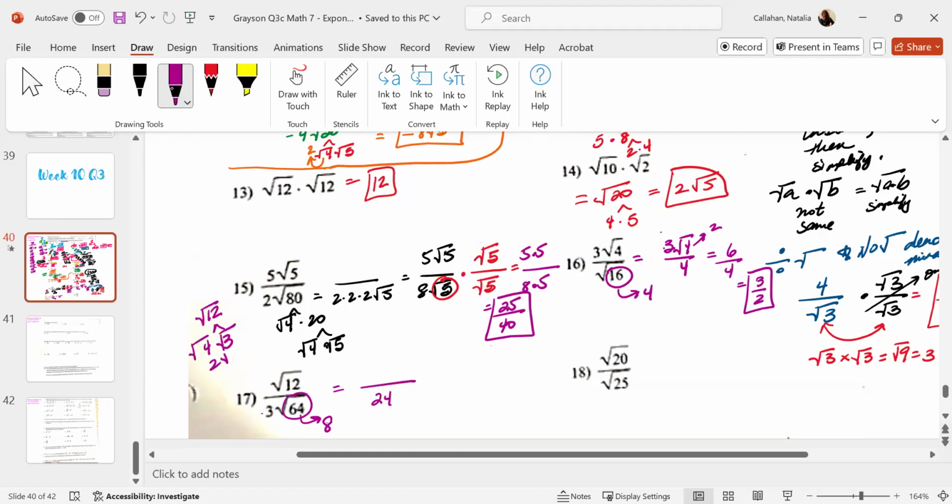Which is the same thing as 2 square root of 3, right? So put 2 square root of 3. Now, on the bottom, there's no square root, which is great, but I can reduce the coefficients. Do you see how this part becomes a 1 over 12? So your answer is 1 times square root of 3, which is just square root of 3 over 12. Does that make sense? So soak that in.